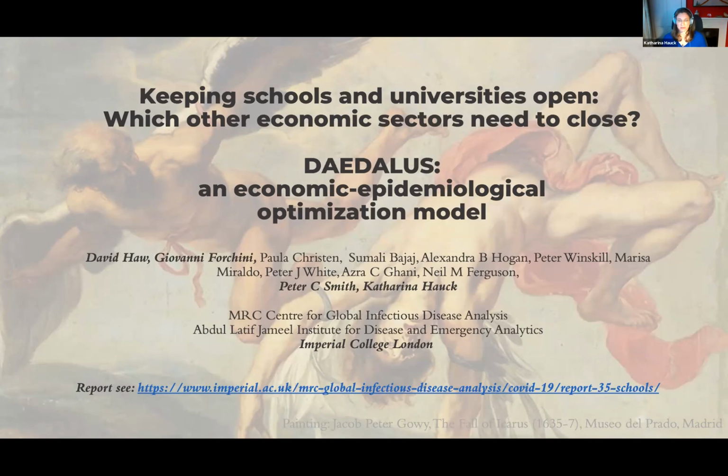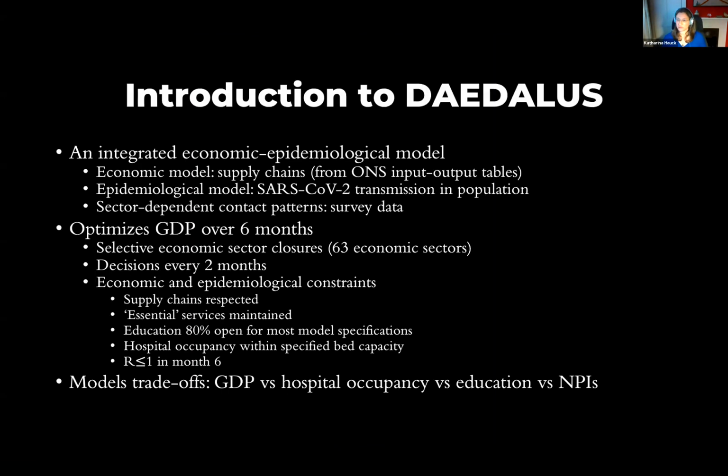So next slide, please. The purpose of the modeling that we have done was to answer the question how we can keep schools open while constraining the epidemic and keep infections at a level so that the hospitals are not overwhelmed. We have integrated a dynamic model of SARS-CoV-2 transmission with a 63 sector economic model.